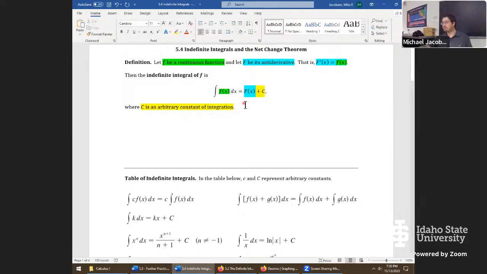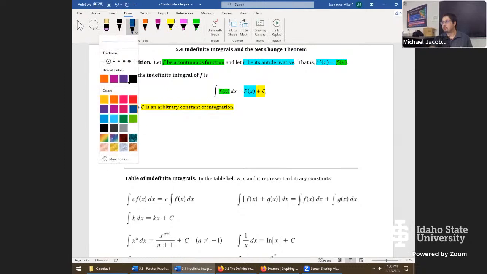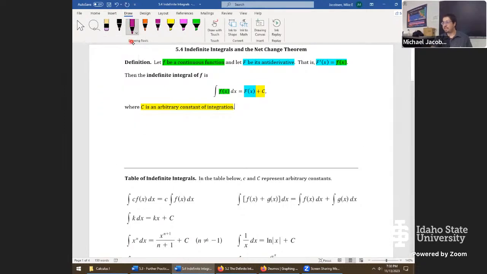So we have a couple weird results so far. For example, a definite integral evaluates to a number.